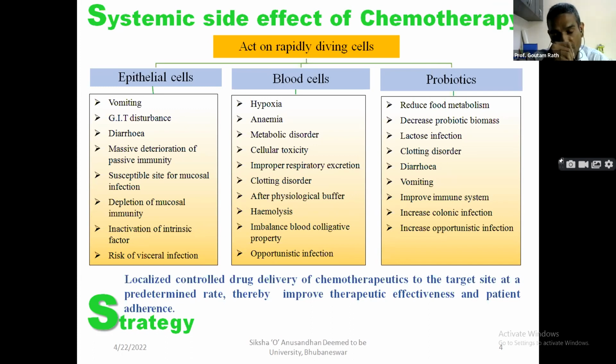Therefore, this nanofiber is visible to the naked eye.